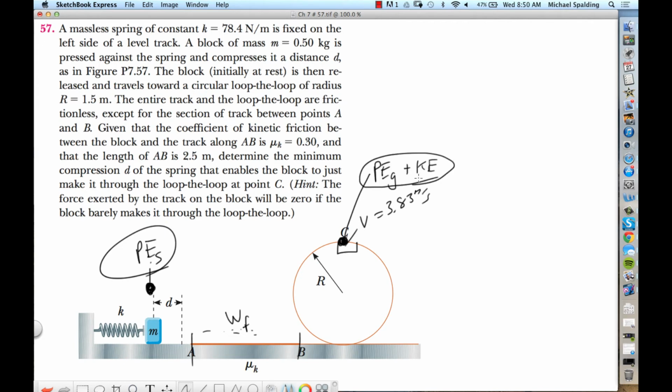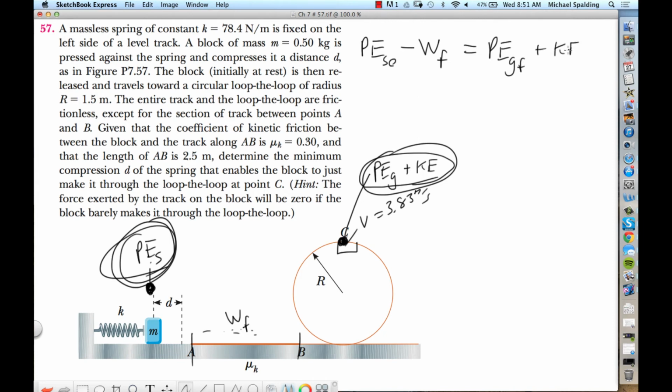So here's the idea using conservation of energy. Potential energy of spring initial, down here, minus the work that friction does, friction's going to steal energy, is going to equal potential of gravity final plus kinetic final.